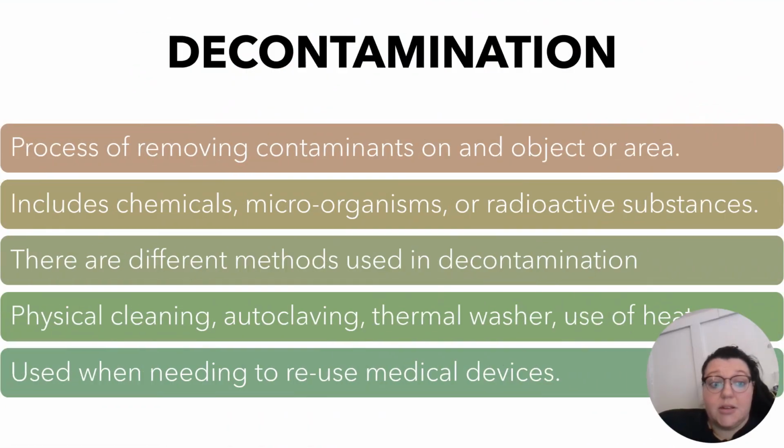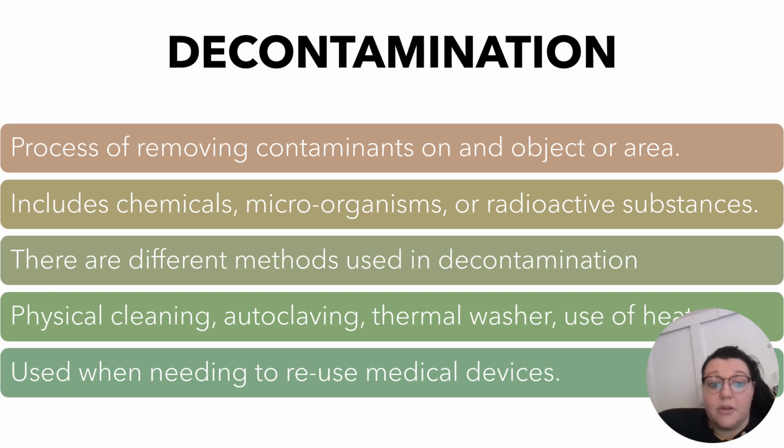Next, we'll talk about decontamination. It sounds like the same as disinfection, but it's different. It is the process of removing contaminants on an object or area. This can include chemicals, microorganisms, or radioactive substances.